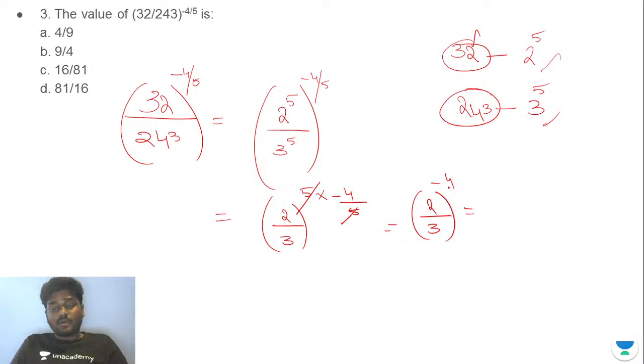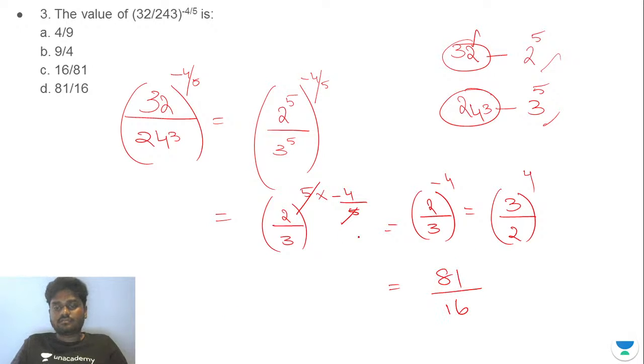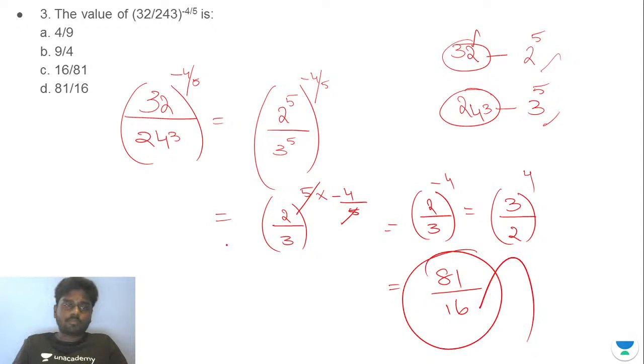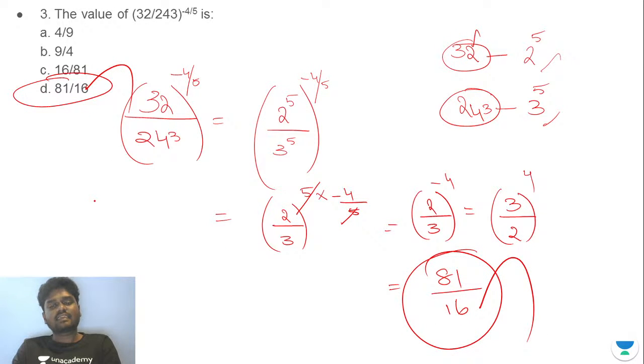If I want this power to be positive, I just do the reciprocal of it. So it should be 3 by 2, the whole power 4. That's it. 3 power 4 is 81 and 2 power 4 is 16. So undoubtedly it's going to be option D. 81 by 16 will exactly give you the right answer for the third one.